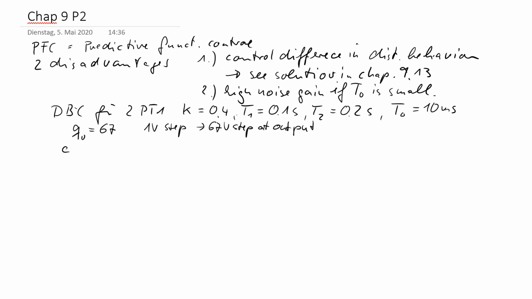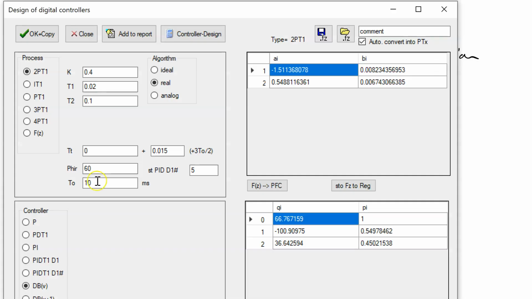Changing the sampling time to half the value, to 5 milliseconds, leads to the following result. I reopen the design window, change the sampling time to 5 milliseconds, click on controller design again, and you see the Q0 now goes dramatically high.